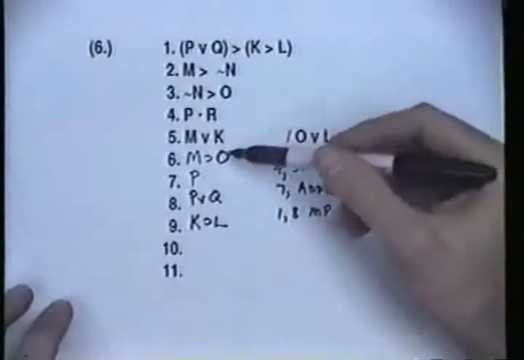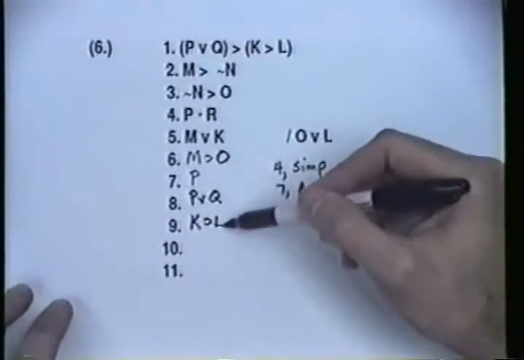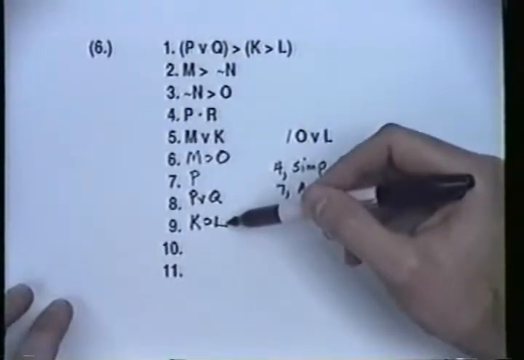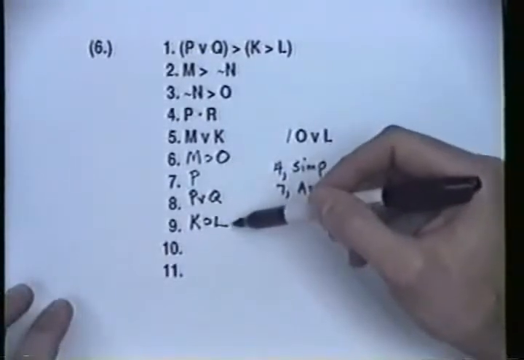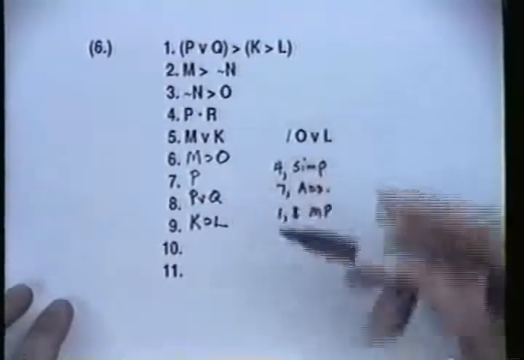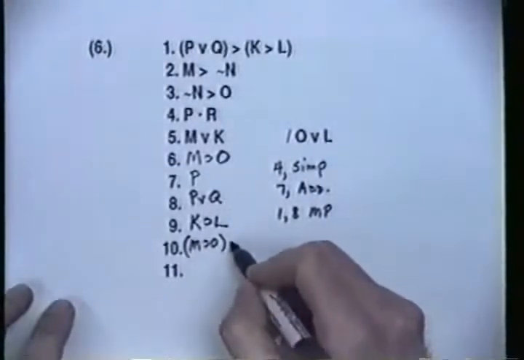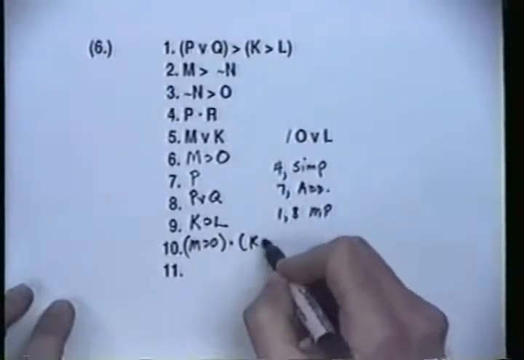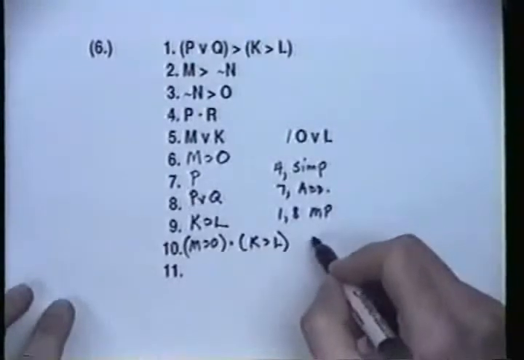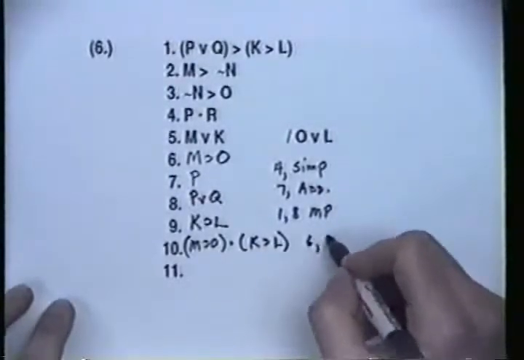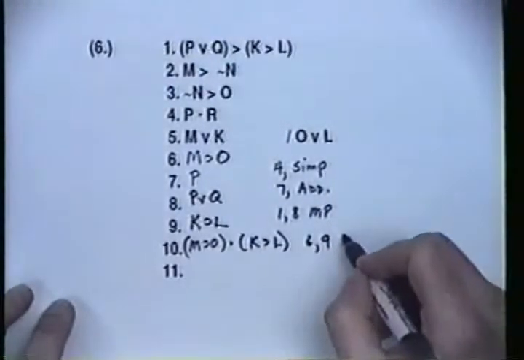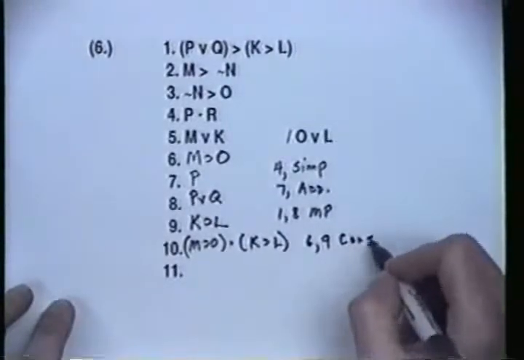And now we need to join together 6 and 9 in order to have one line that brings together the two conditionals that are necessary to invoke constructive dilemma. So M hooks O and K hooks L, and that is line 6 and 9, conjunction.